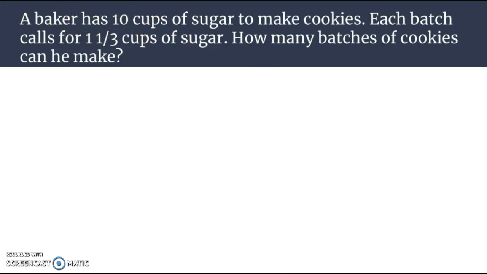Baker has 10 cups of sugar to make cookies. Each batch calls for 1 1/3 cups of sugar. How many batches of cookies can he make? Okay, this is really a division problem, but here's the setup for it. He has 10 cups of sugar and he wants to make B batches, and each batch needs 1 1/3 cups of sugar.